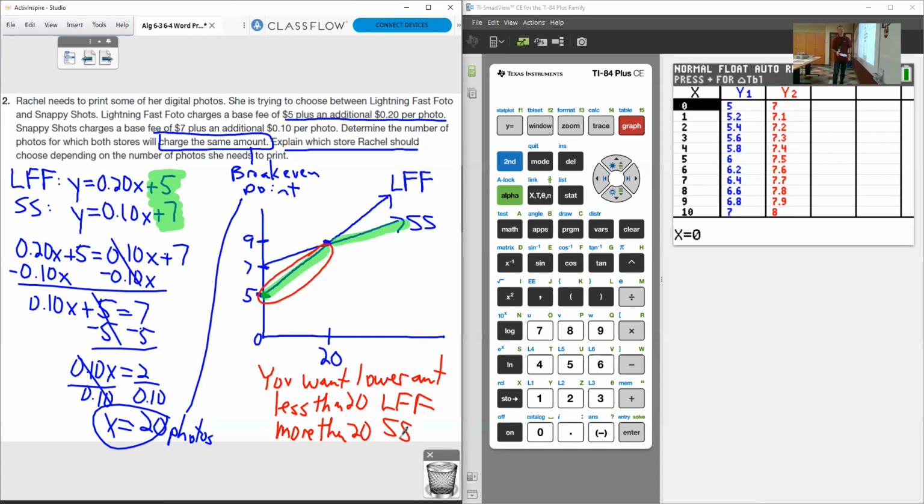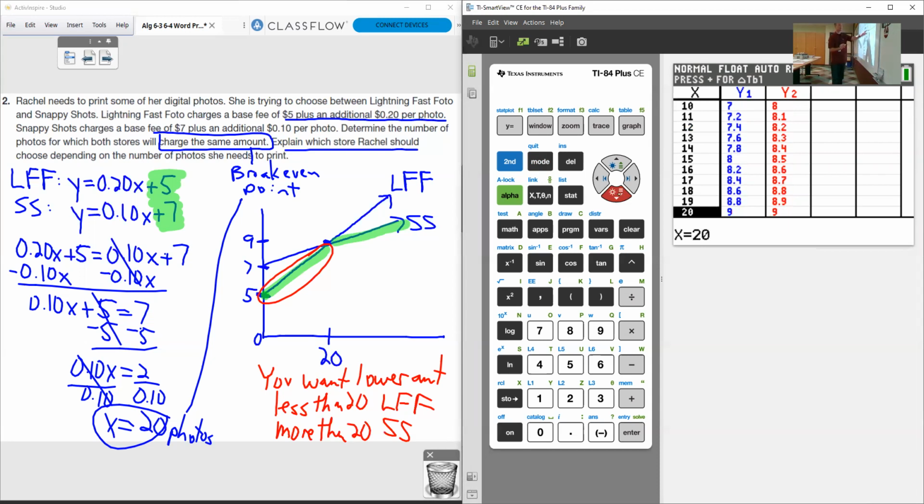Now, I talked about the table. You can also look at the table and sort of figure some things out from the table. This first one is the lightning fast photo. The second one is the snappy shots. Notice how your Y1 column is less than your Y2, all the way from 0 all the way to 20, right?